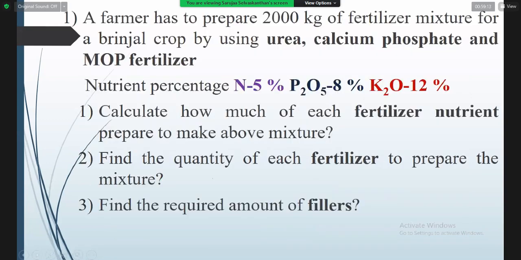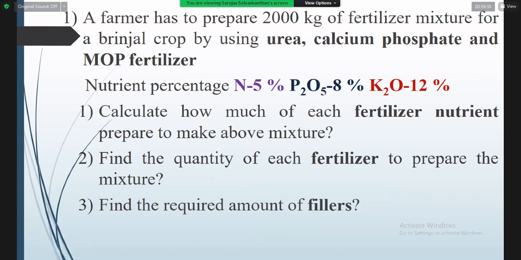Okay, here is one calculation. One farmer has prepared 2000 kilogram, which is 2 ton, of fertilizer mixture for a brinjal crop by using urea, calcium phosphate, and MOP fertilizer. Calcium phosphate provides phosphate as P2O5, and MOP provides potash as K2O.